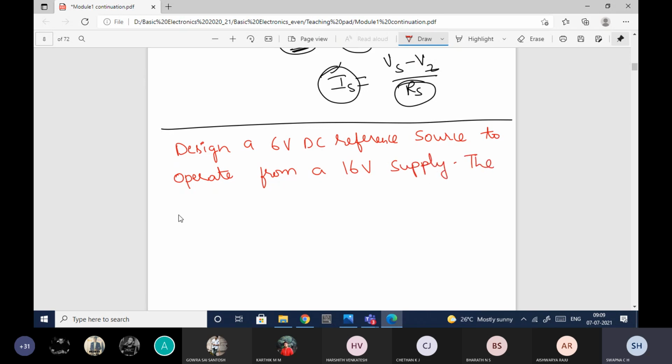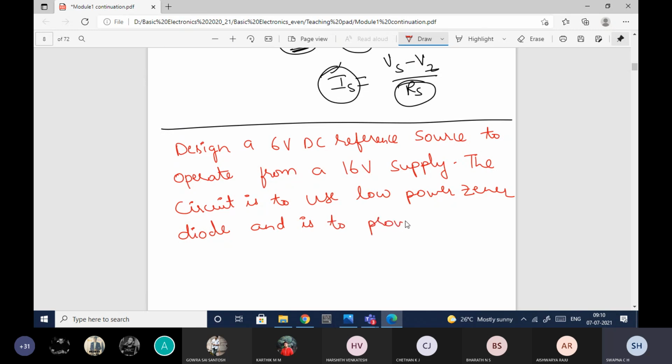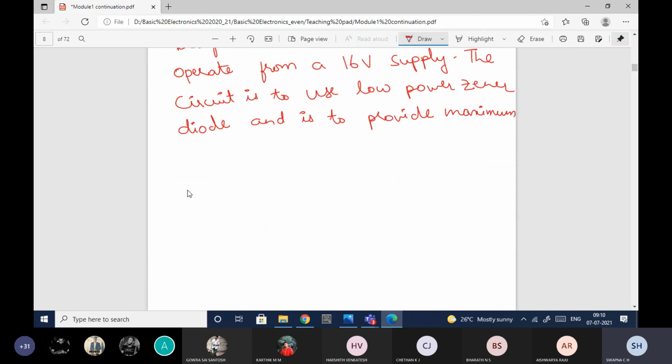The circuit is to use a low power Zener diode and is to provide maximum possible load current.